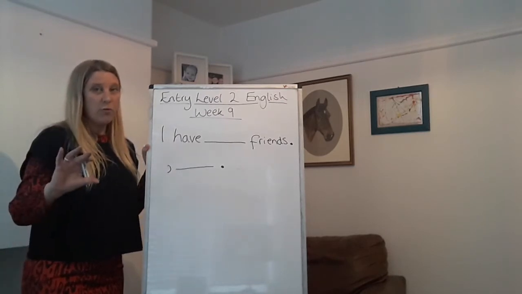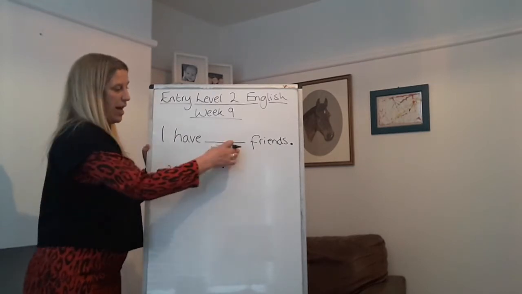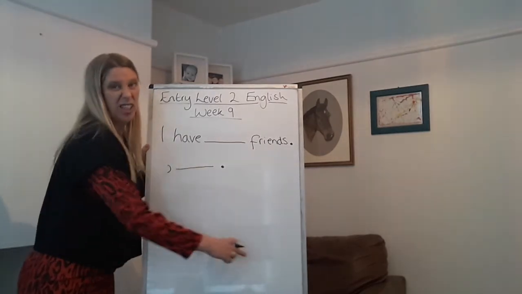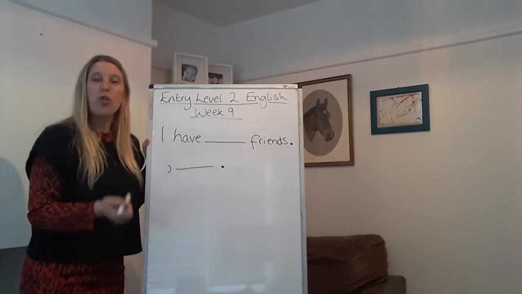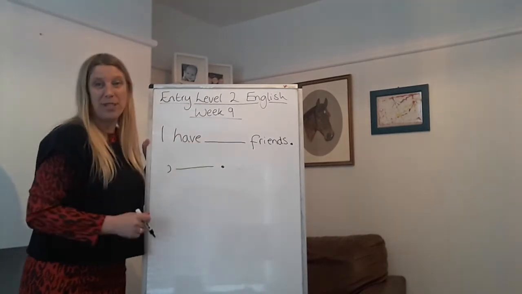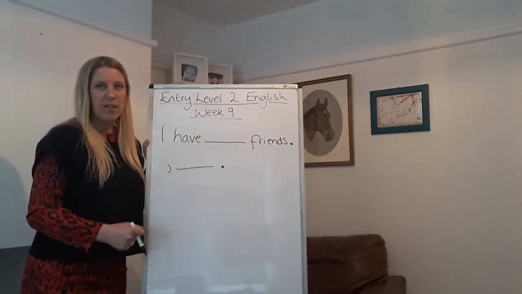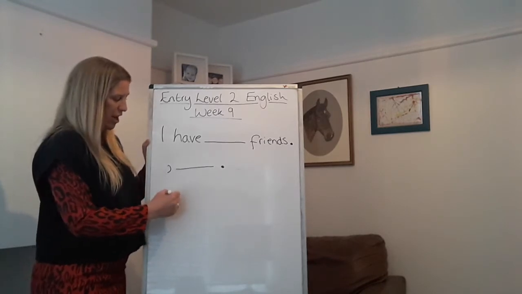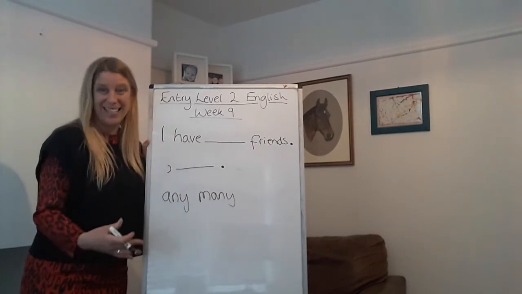And then afterwards, when you've written down everything I've said, and you'll have about 7 gaps like this, I will give you the words that you need to fill the gaps, and you have to put them in the correct place. So the words will be the words we did last week: any, many, much, some, etc.